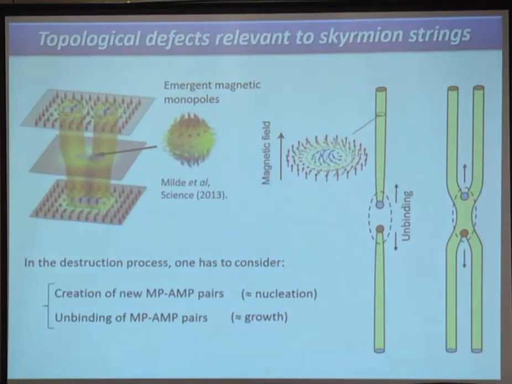When considering the destruction of Skyrmion strings, topological defects such as emergent magnetic monopoles are likely to play a key role, as discussed in this video. In the destruction process, one has to consider the creation of new monopole-antimonopole pairs and their unwinding process. These two processes qualitatively correspond to the nucleation and growth processes in the standard process.